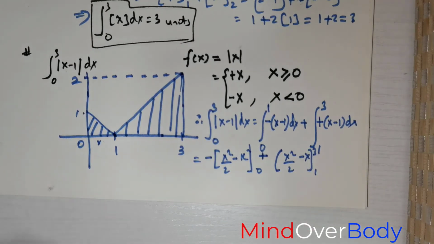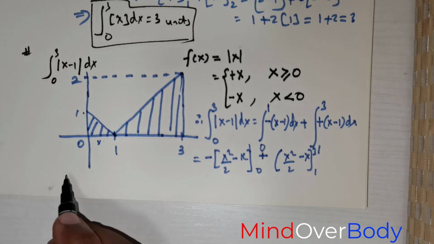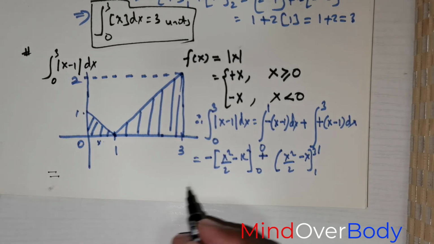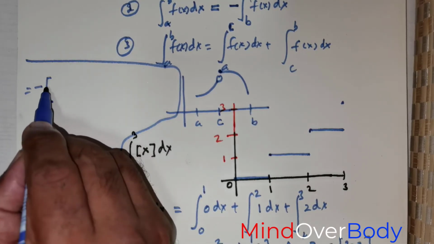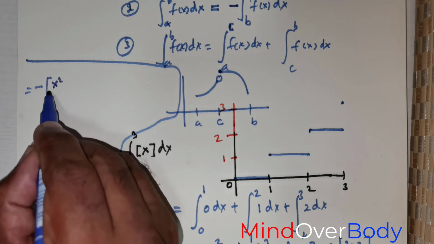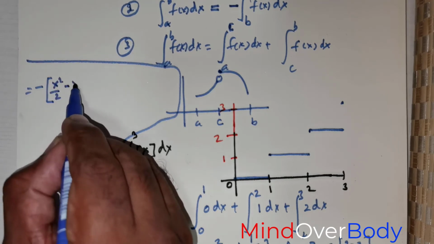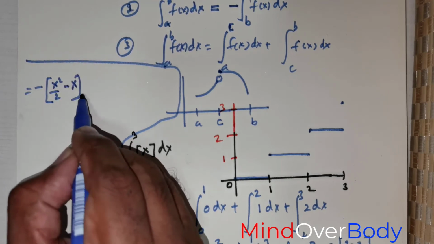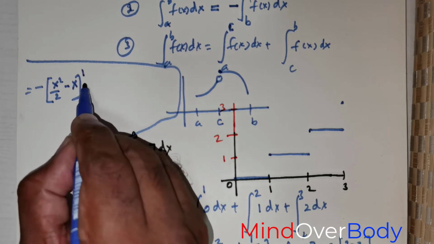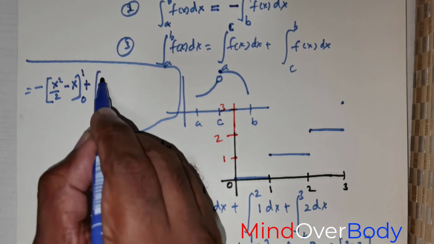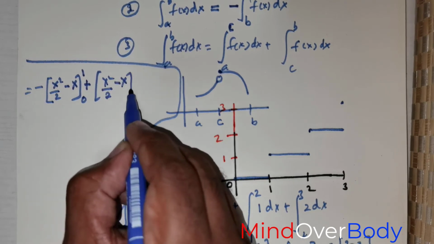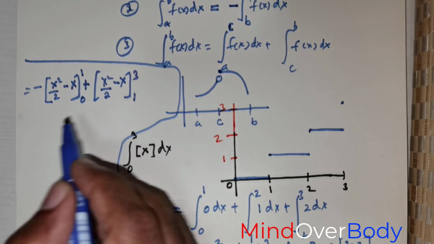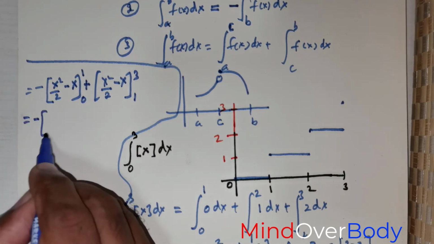So let me just write the evaluated quantity over here. We are expected to apply the limits. So we've already got negative of x squared over 2 followed by a negative x, and the limits are heading from 0 to 1, followed by positive of x squared over 2 negative x, the limits are heading from 1 to 3. So let me substitute the limits.